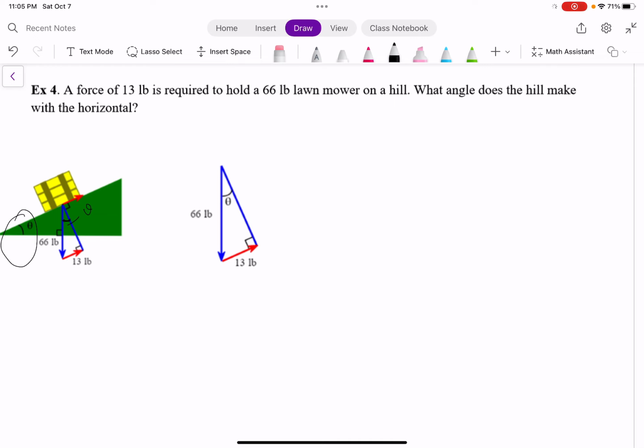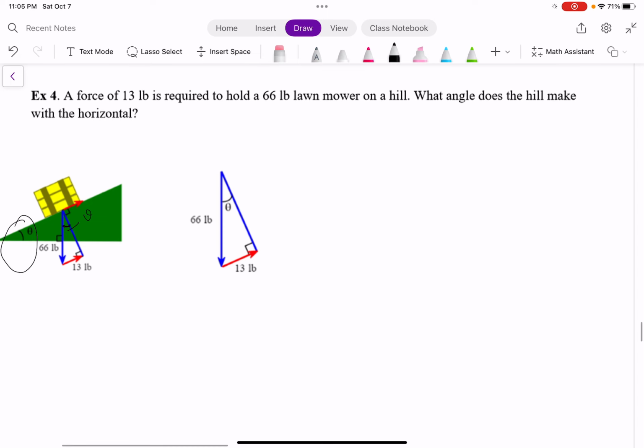If you don't know, go back to example 3 to see why theta and the angle here are equal. Then we are looking at the right triangle. This is the 66-pound weight of the lawnmower, and this is the 13-pound force to stop my lawnmower going down. Then I'm looking for theta.